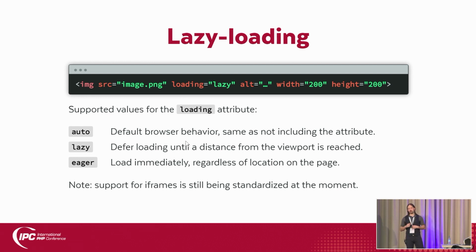And this is much better than all the libraries we've had before, because this also works reliably if JavaScript is disabled. So this is just a safe optimization to do, provided that you're working on modern browsers as a target. It has pretty good browser support for images.